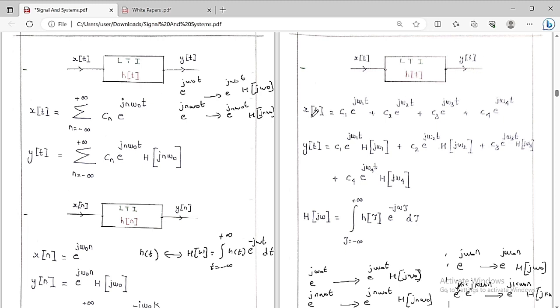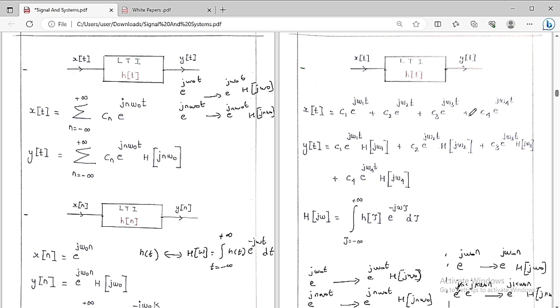Suppose I am going to write the input x of t in the format of exponential terms like this: c1 into e to the power of j omega 1 t plus c2 into e to the power of j omega 2 t plus c3 into e to the power of j omega 3 t plus c4 into e to the power of j omega 4 t.